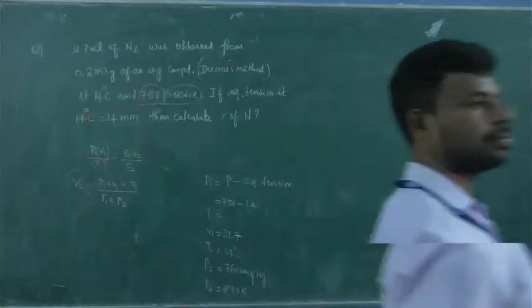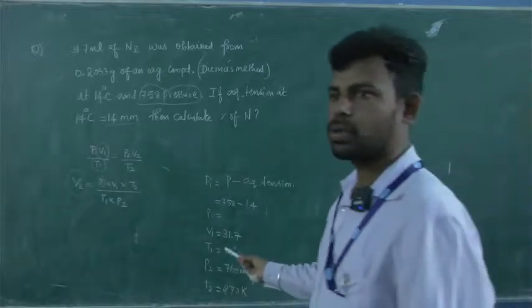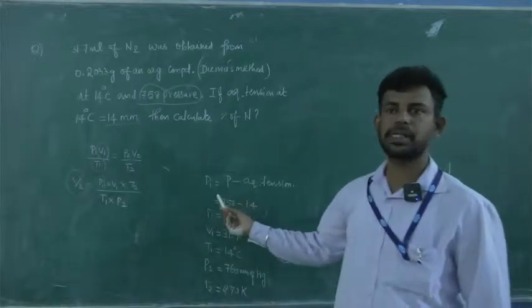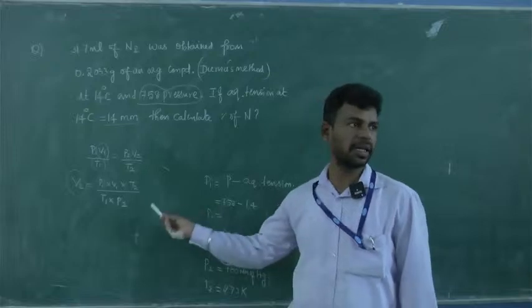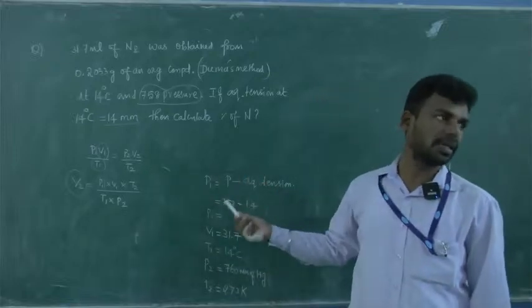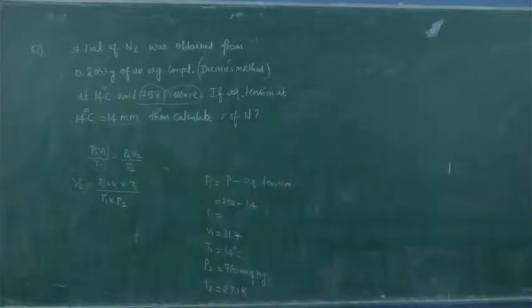I have decoded all the data and I have just given the data. You have to substitute the values. Is it clear? Getting my point? So how do you calculate the pressure? P1, how do you have to calculate? Given pressure, what should you do? Subtract the aqueous tension. They will give the aqueous tension. Is it clear? That's it. Is it clear?